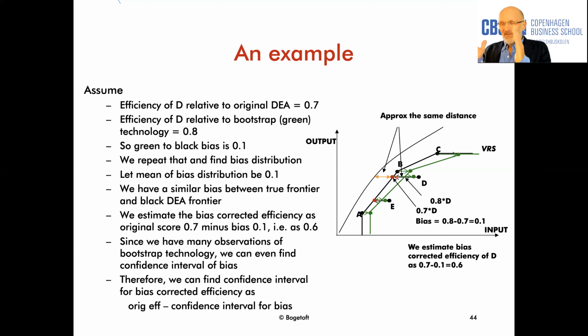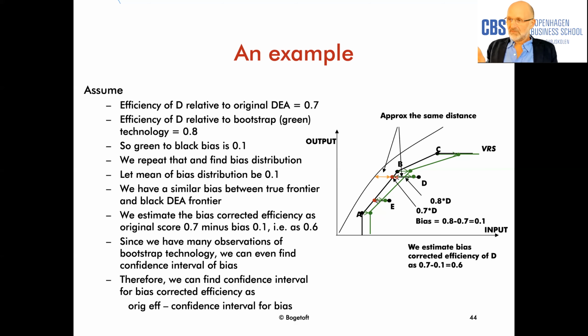If I take the lower part and the upper part and subtract them from the original efficiency, I get not only a bias-corrected efficiency, but a confidence interval for the bias-corrected efficiencies. So that's basically the trick of it.